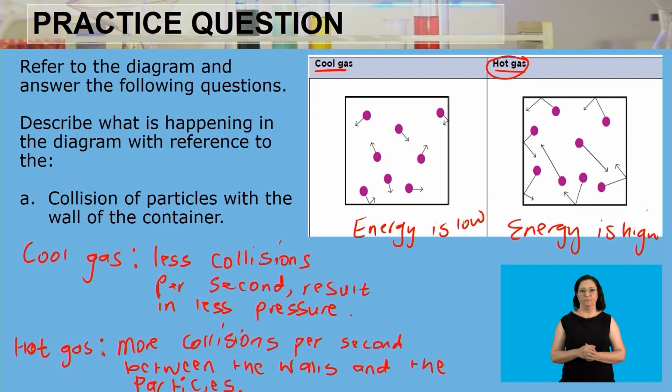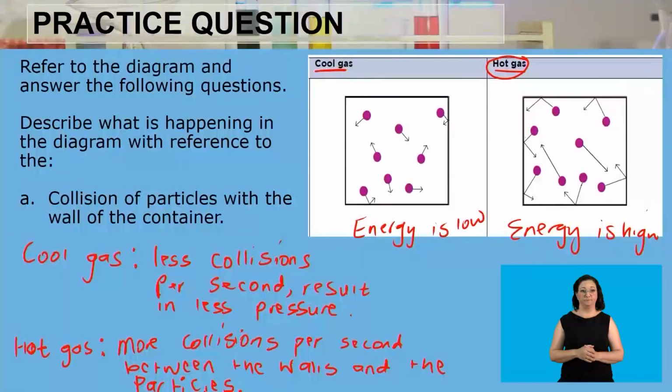And we know that once there's more collisions between the walls and the particles, there's going to be a lot of force that is exerted between the walls and the particles, and as a result, the pressure is going to increase, or therefore we can say there's going to be high pressure as compared to the cool gas.